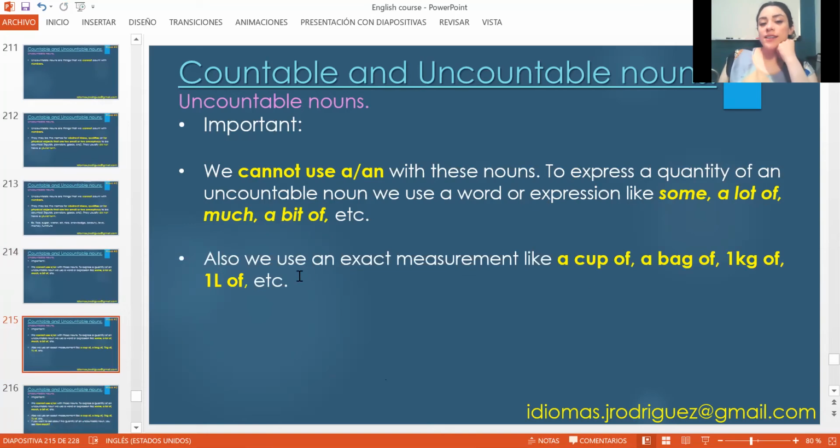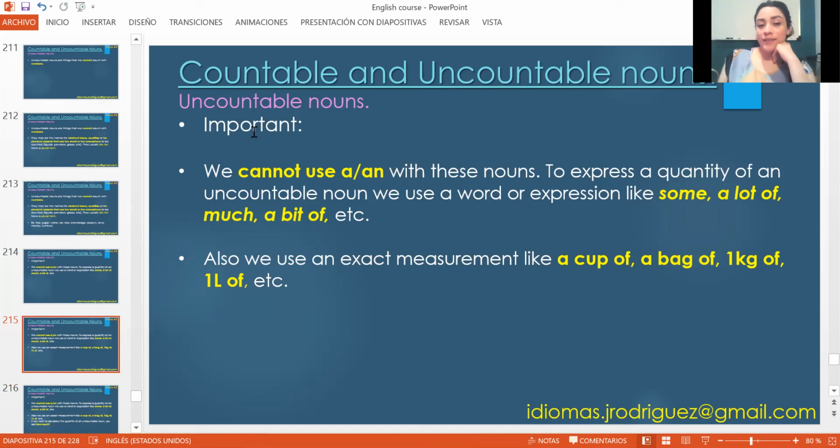Also, we use an exact measurement like a cup of, a bag of, 1 kilogram of, a liter of, etc. ¿Ok? También podemos usar unidades de medida, como una taza de, una bolsa de, 1 kilo de, 1 litro de, etc. ¿Ok?